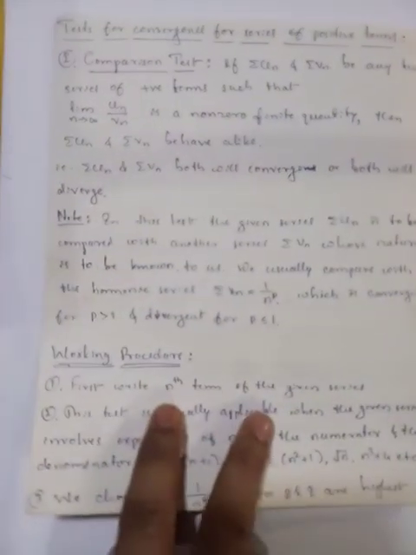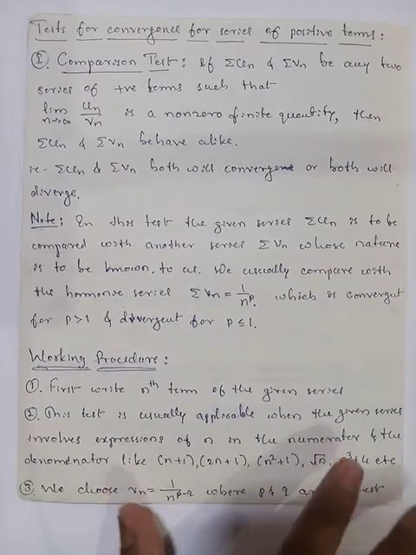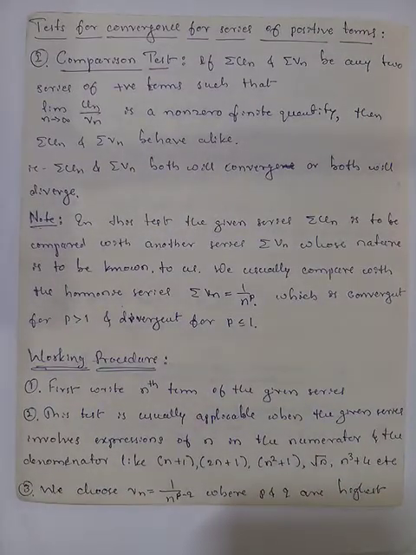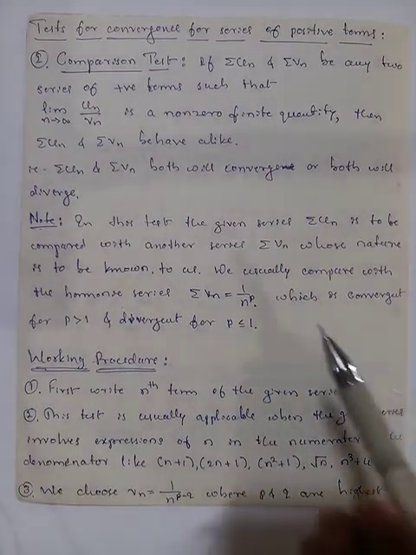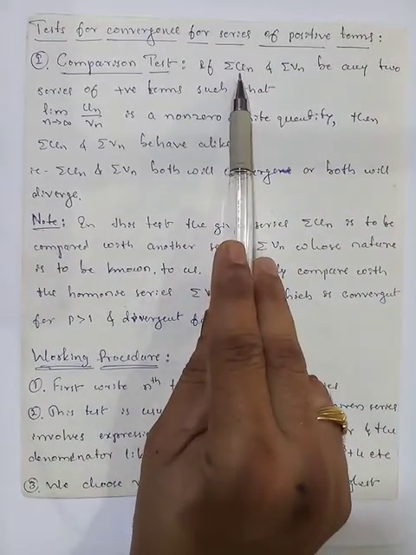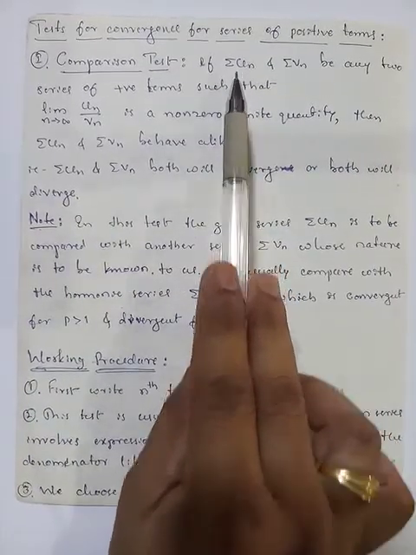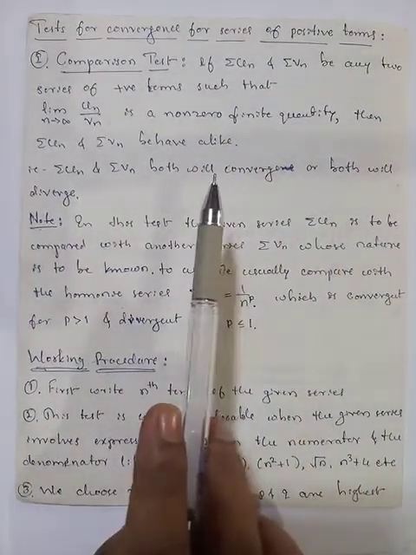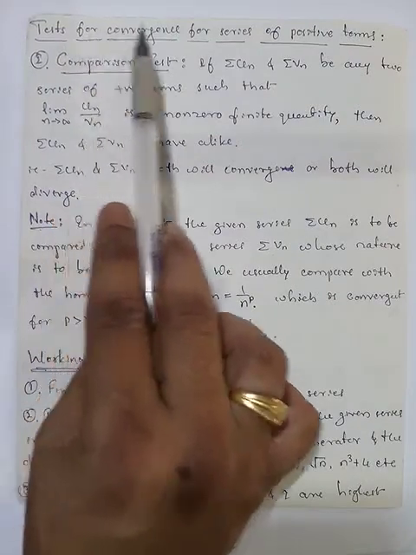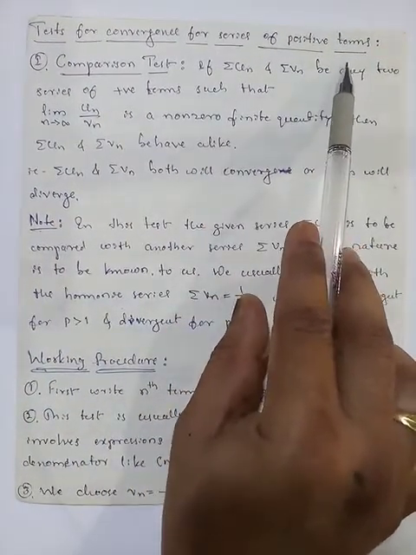Now we are going to discuss one of the tests, in the sense that for the given infinite series we are going to check the nature, whether it is convergent or divergent. That is the test for convergence for series of positive terms.